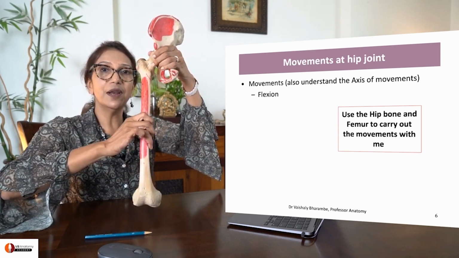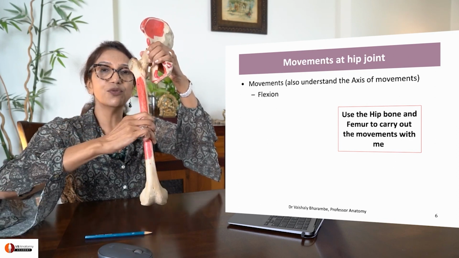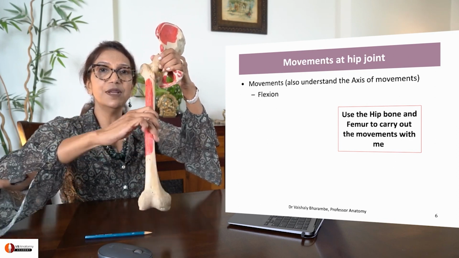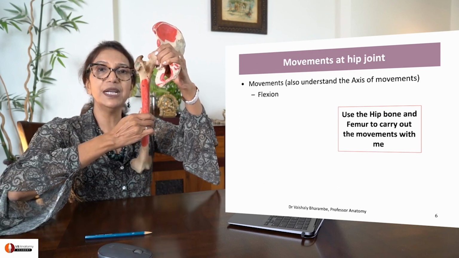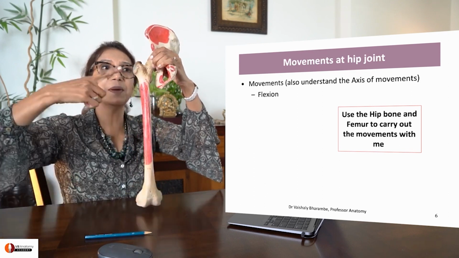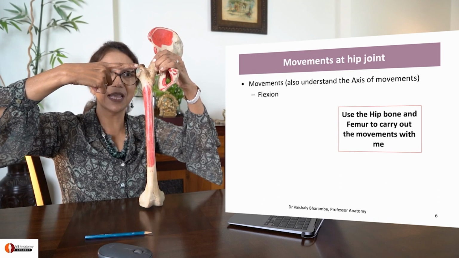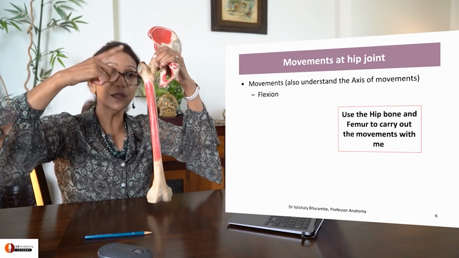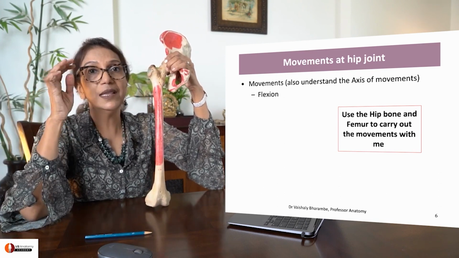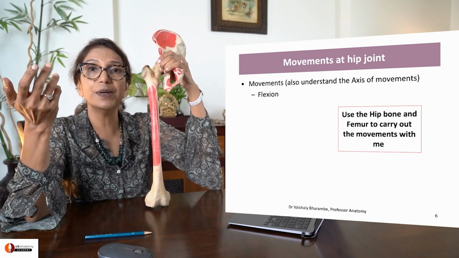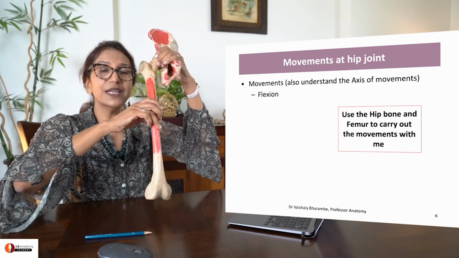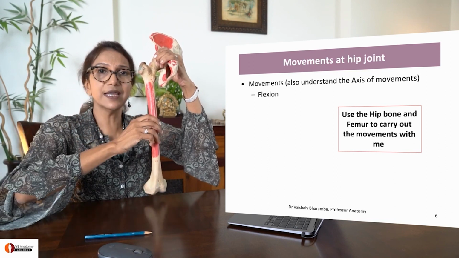Now tell me, around which axis is this movement taking place? This is taking place around the transverse axis, isn't it? So every time you do a movement, think of the axis around which the movement is occurring. Flexion, extension around the transverse axis.